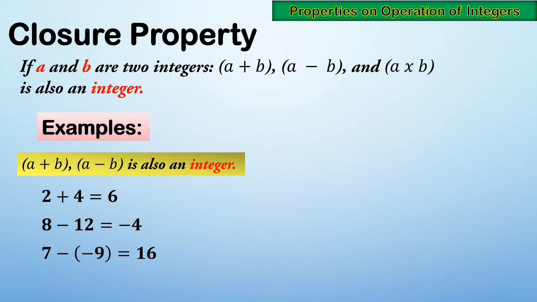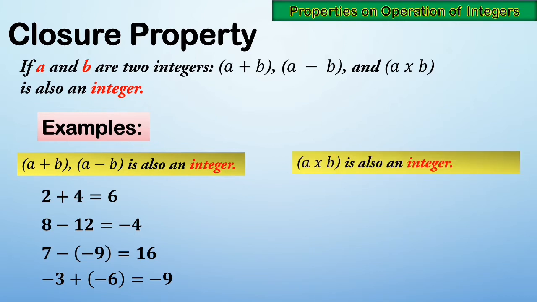Okay? 7 minus negative 9 is 16. 7 is an integer, negative 9 is an integer. Ang sagot 16, then that is also an integer. Okay, negative 3 plus negative 6, ang sagot is negative 9. Negative 3 is an integer, negative 6 is an integer, then ang sagot integer, which is negative 9.